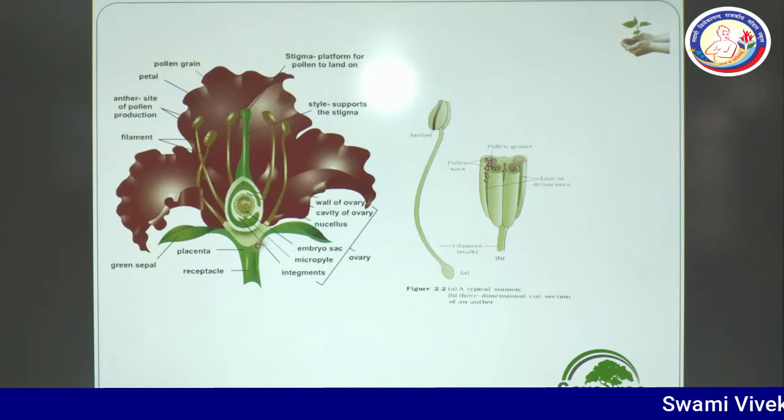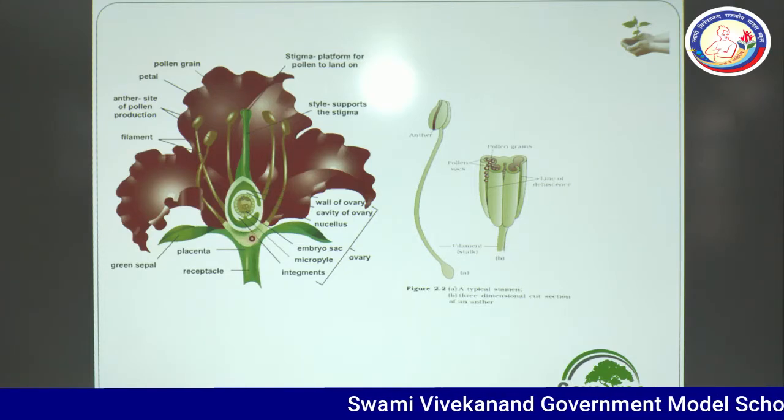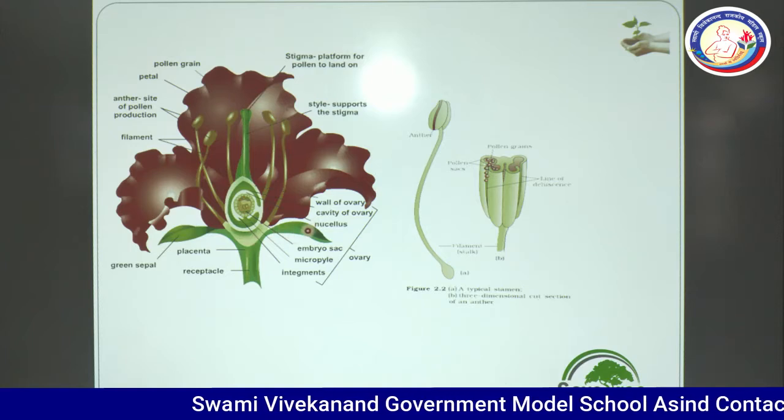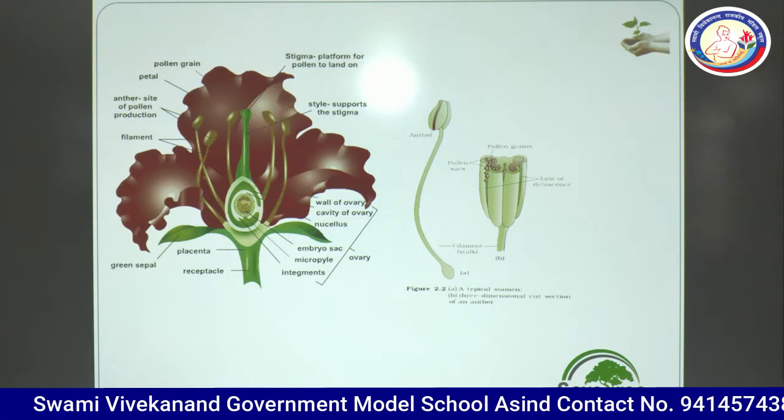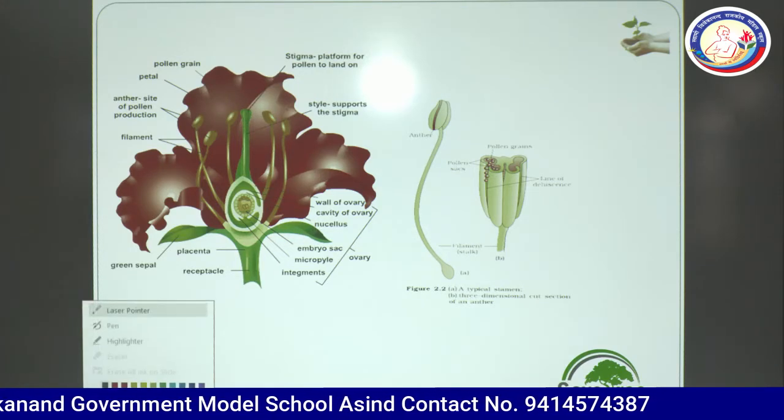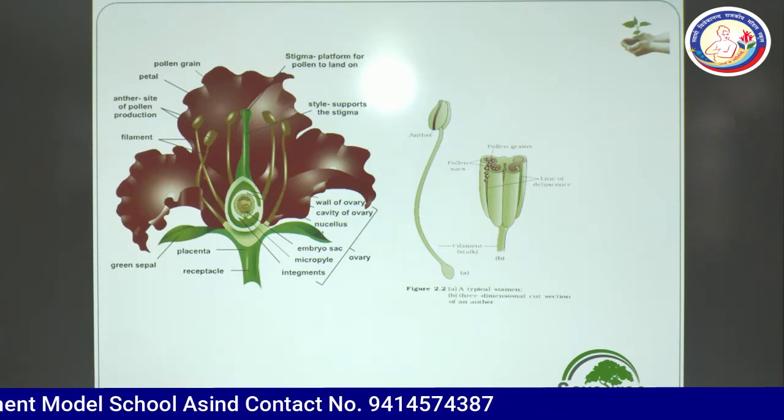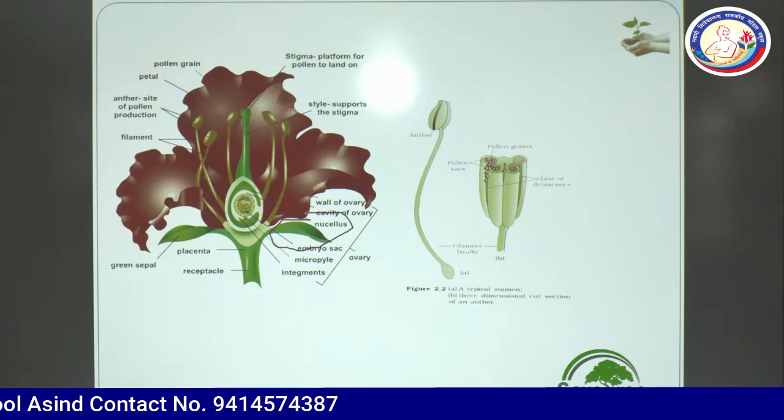This is the thalamus, where different parts of the flower are located, and these green colored structures you can see are the calyx.